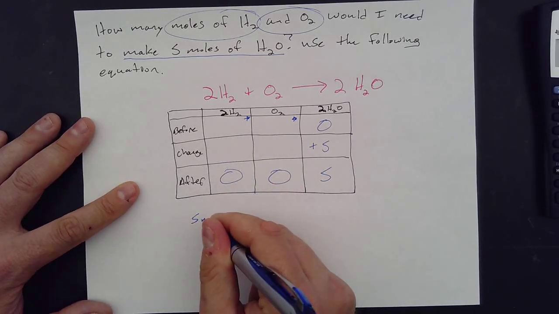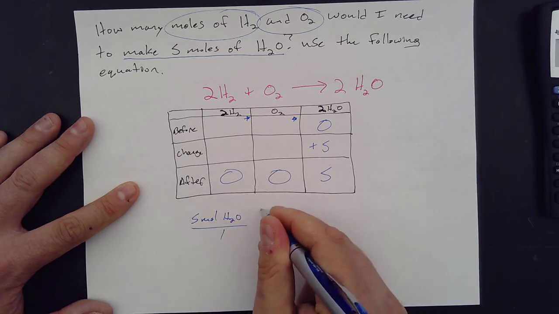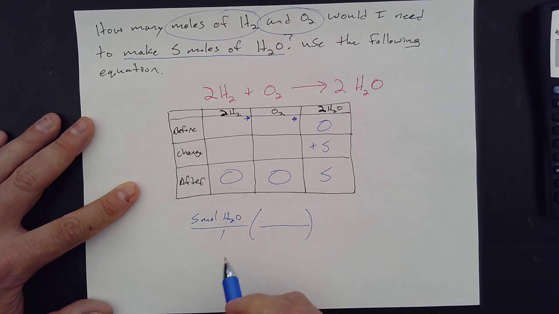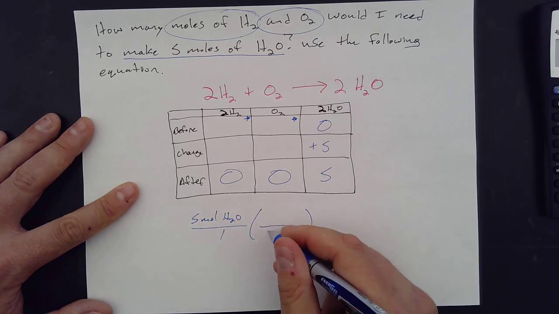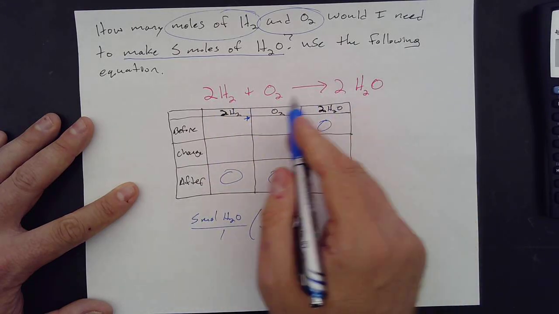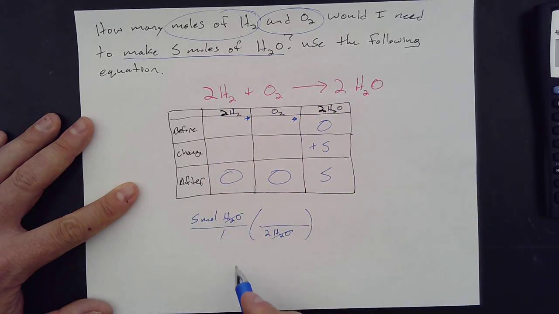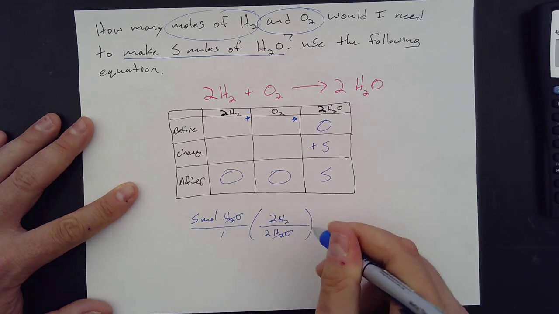So I have 5 moles of H2O. And then we're going to do for every 2 H2Os, using my equation again, so these H2Os can cancel, I will need 2 moles of H2.